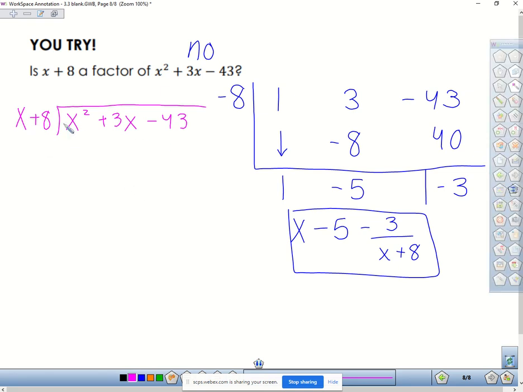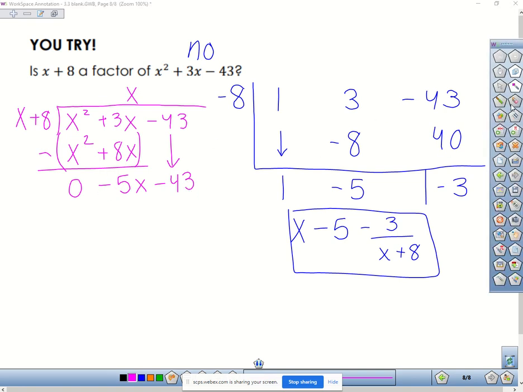What would I multiply x by to get to x squared? X. X times x plus 8 is x squared plus 8x. I subtract this. This becomes 0 minus 5x. I bring down the 43. I erase the 0.